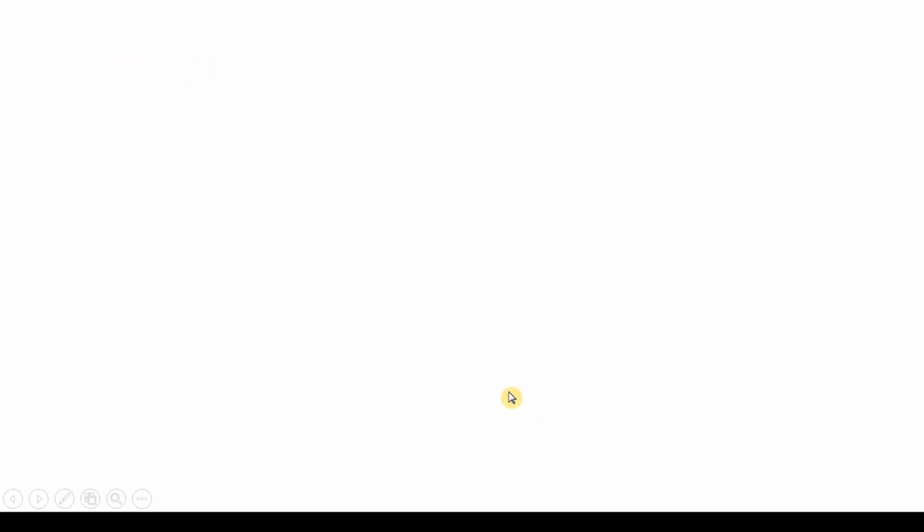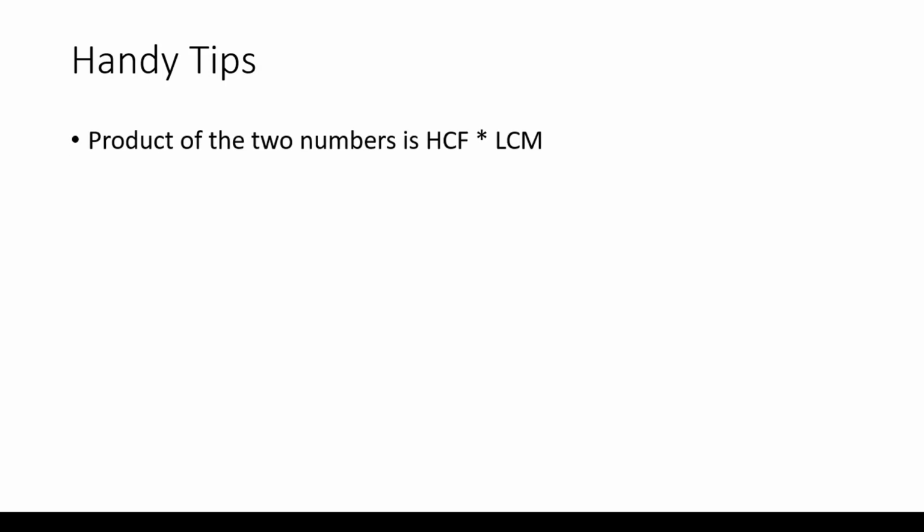So, here are some handy tips to make sure you maximise your marks on HCF and LCM questions. So, here's my favourite tip. The product of the two numbers is the HCF times the LCM. So basically, say we were to do 30 and 20.